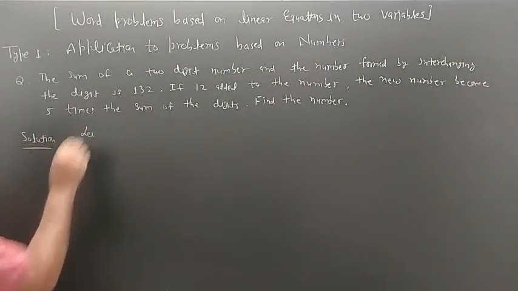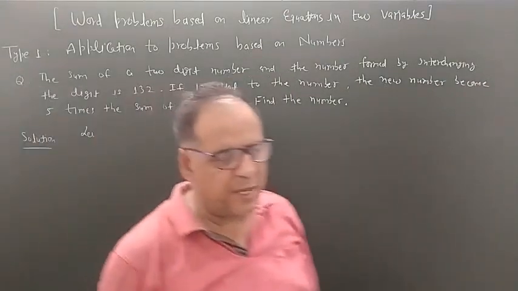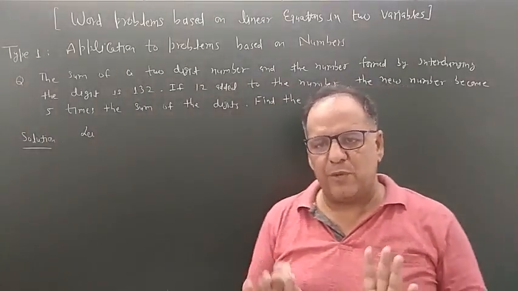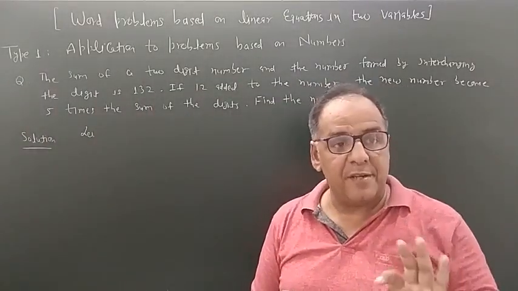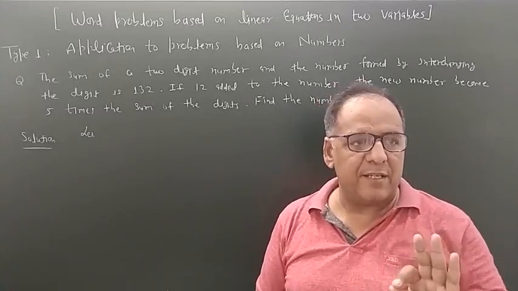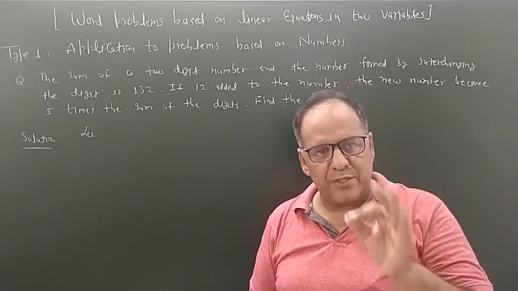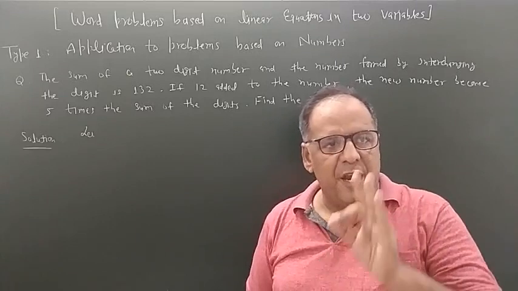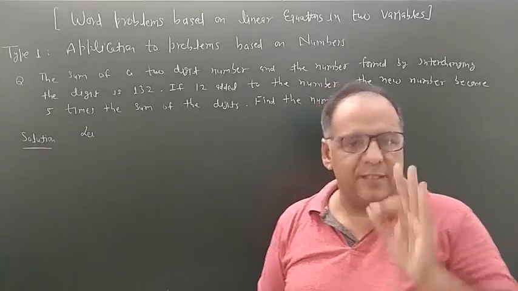In all questions which come with two-digit numbers, first we assume the unit digit and tens digit, and remember which digit you assume as the unit digit and which as the tens digit.